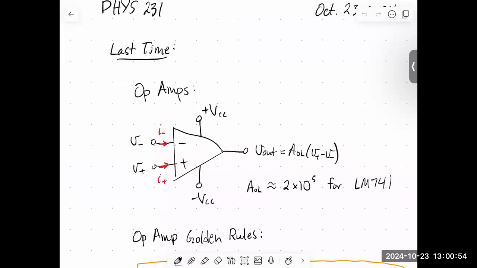The reason we call V minus the inverting input is that if we set V plus to 0, then the output would be minus the gain times V minus, so it would have the opposite sign. Whereas if we set V minus to 0, then the output would be some gain times V plus, which would be a positive, or non-inverting, output.